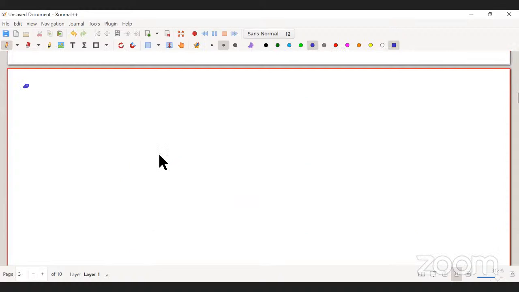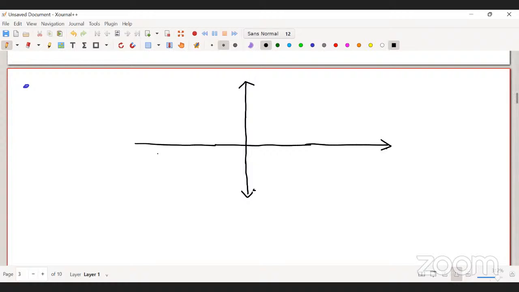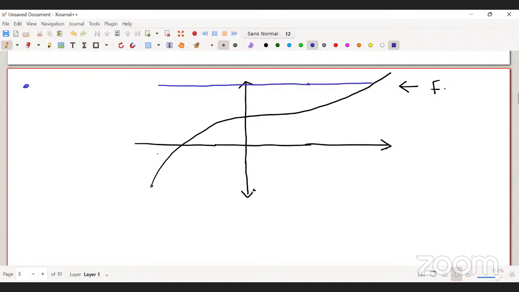Next, let's take a graph of some function f. So this is my function. Now if I try to draw a horizontal line, as you can see, this horizontal line passes through the graph at one point.